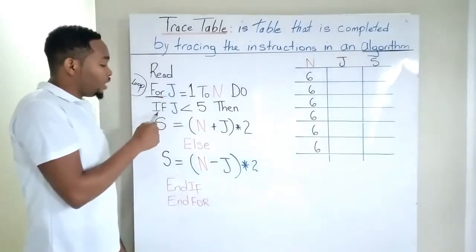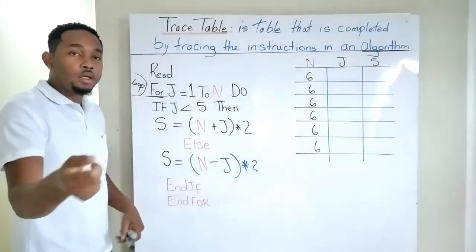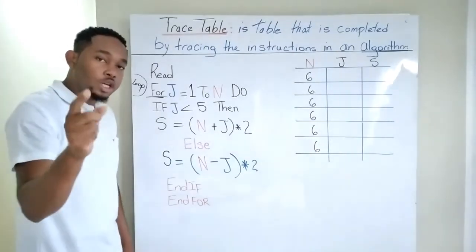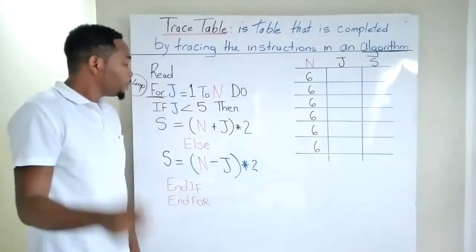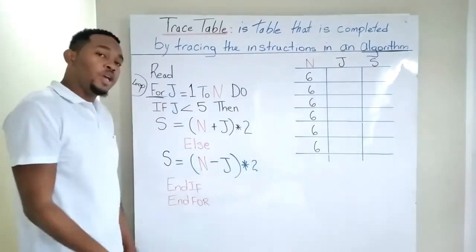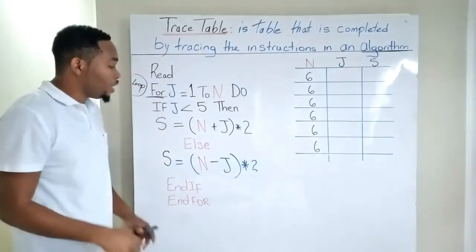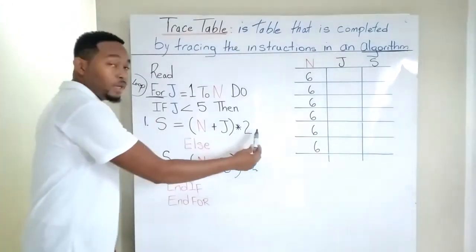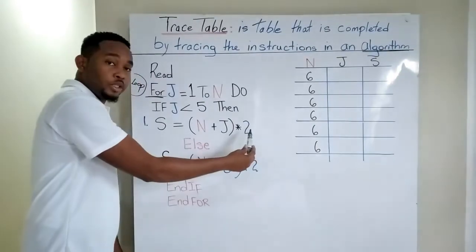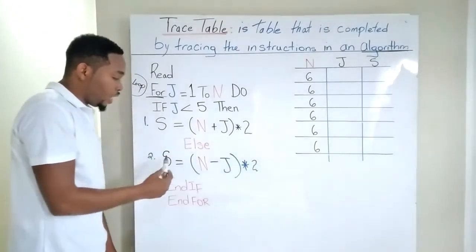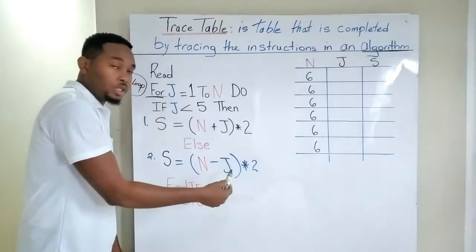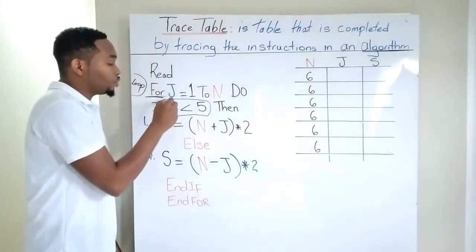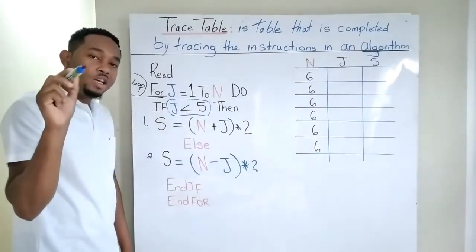From the loop, we have an if statement in our program, and we know that an if statement allows for selection to take place. The selection here is that we have two options: S will be calculated from this process, or S can be calculated from this process. At this stage, that is known as your condition.